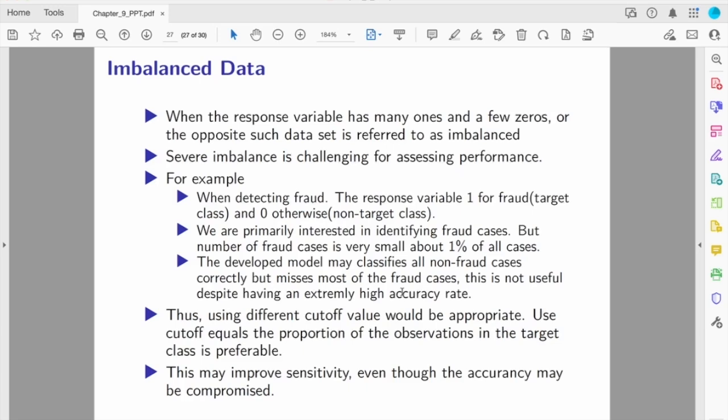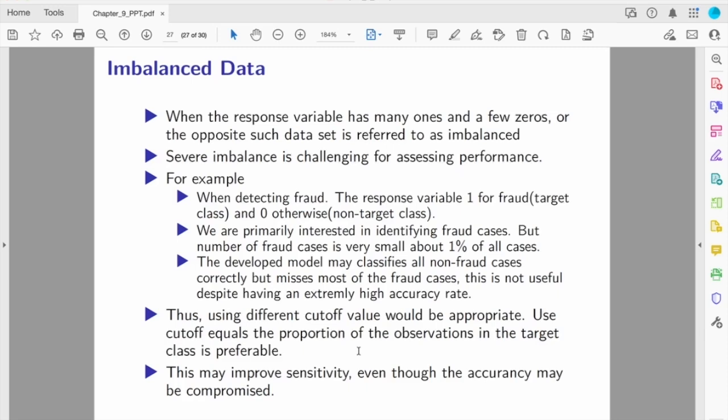So when you develop a model and do the classification, all of the non-fraud cases will be classified correctly. But you're going to miss most of the fraud cases, and this is not useful. So what we do in this case is use a different cutoff value.